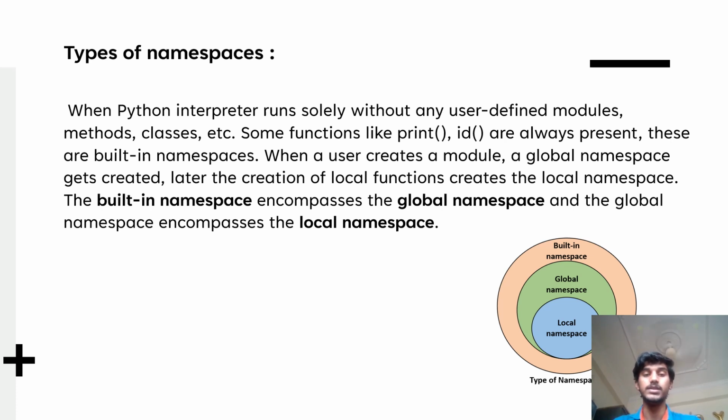The built-in namespace encompasses the global namespace, and the global namespace encompasses the local namespace. The image shown below is the representation of the local namespace and global namespace in the built-in namespace. So there are three types of namespaces in conclusion: built-in, global, and local namespace.